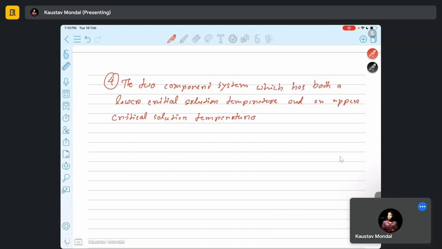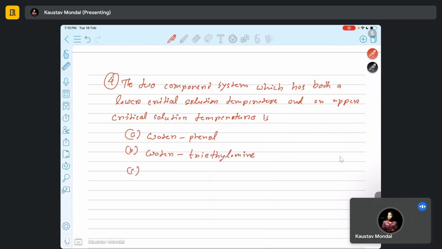Option A is water, phenol. Option B is water, triethylamine.